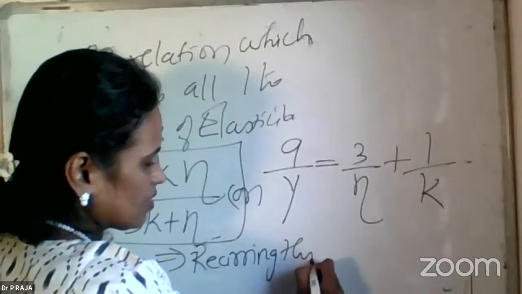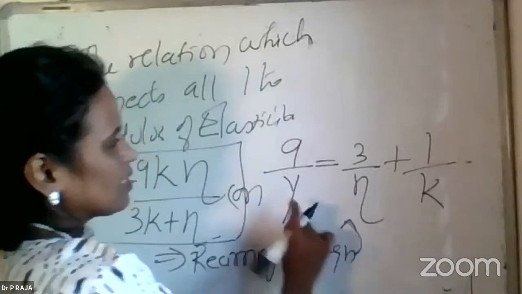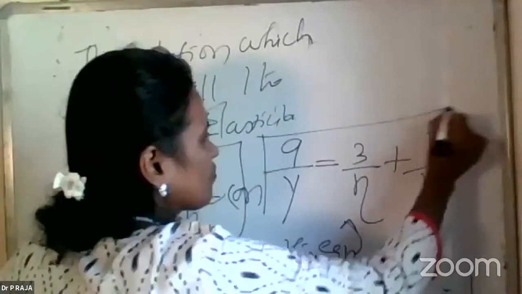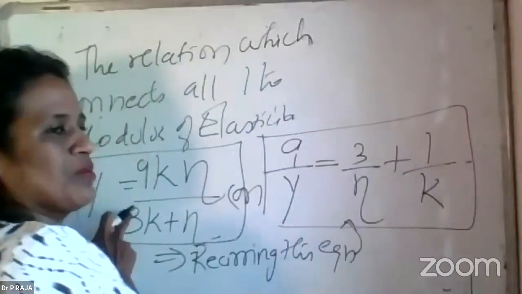Rearranging this equation, you will get this form also. So both are the same. If you cross multiply, you will get back this equation.